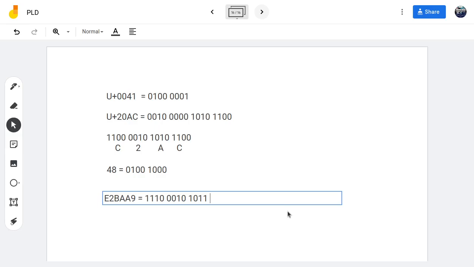Yes, it's 11. So this is 8 plus 2 plus 1. 8 plus 2 is 10 plus 1, 11. Okay, this one is A. A is 1 0 1 0. And then 9 is 1 0 0 1. Yeah, 8 plus 1, 9.